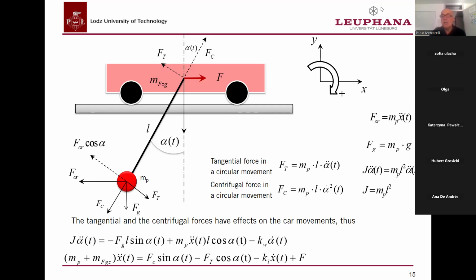This means look in the literature about this model. Let me look if I find a picture of the Segway.